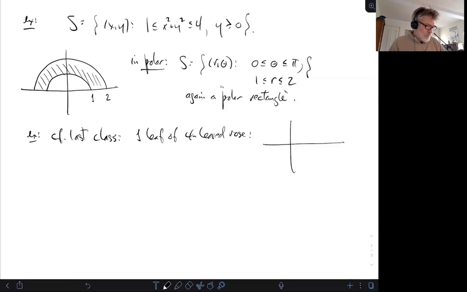Right, so I'm going to use this one, this guy here, right? So if you remember, the bounding curve was r equals cos 2 theta. So if I want to describe the points here, if you remember the analysis, I'm going to be reusing this example today, right? So this can be seen as the set of all r theta such that the angle goes from minus pi over 4 to pi over 4.